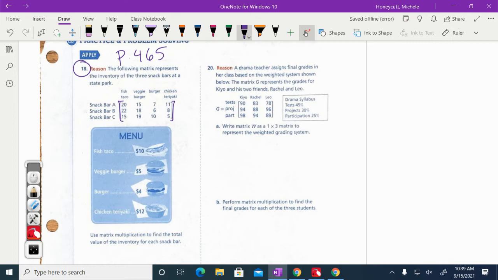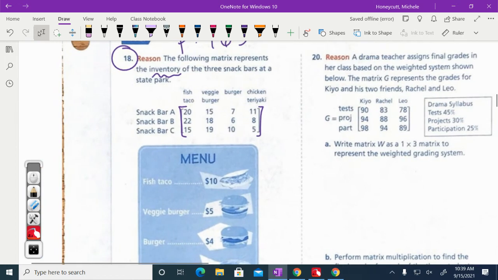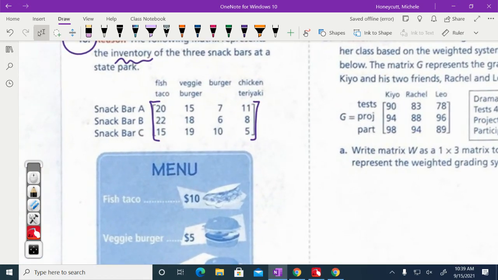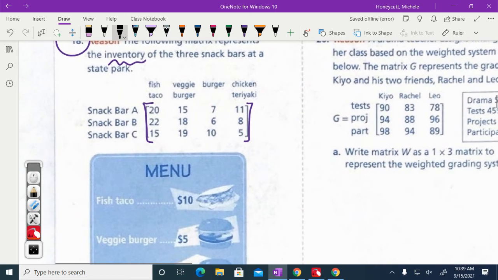What are these numbers inside? Quantity. Yeah, because it says it's the inventory. So how many veggie burgers does snack bar C have? 19. Snack bar C has 19 veggie burgers.